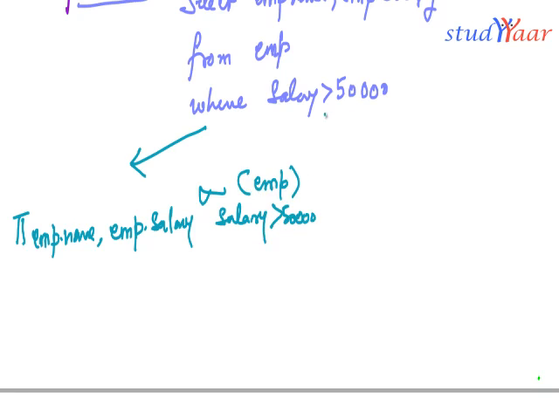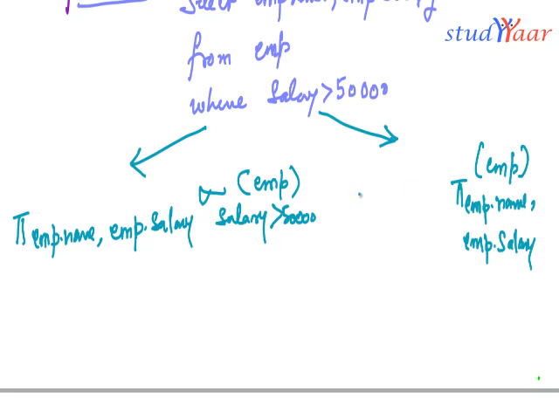There is one more way to convert this SQL expression into a relational algebra expression. I can first project employee name and employee salary from my employee table, and then select the tuples which have salary greater than 50,000. So this is another way to do this query.